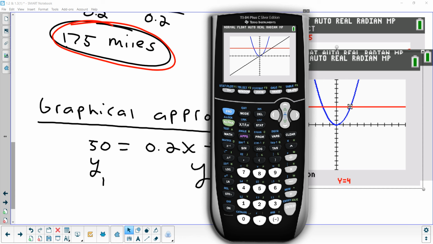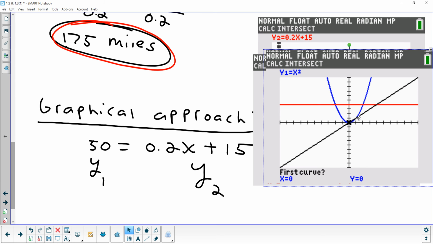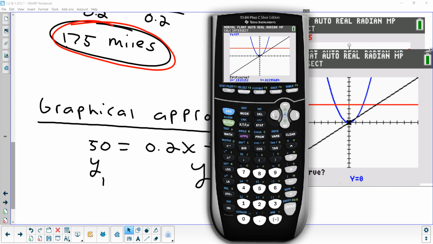So if you wanted to figure out where the black and the red one cross each other, you could do second calc, intersect, and now you have to pick the black and the red. So it says right here, first curve. Blue is the one that's highlighted. If you don't have color, just press the arrow to the left and watch it move. You'll see which graph it's on.